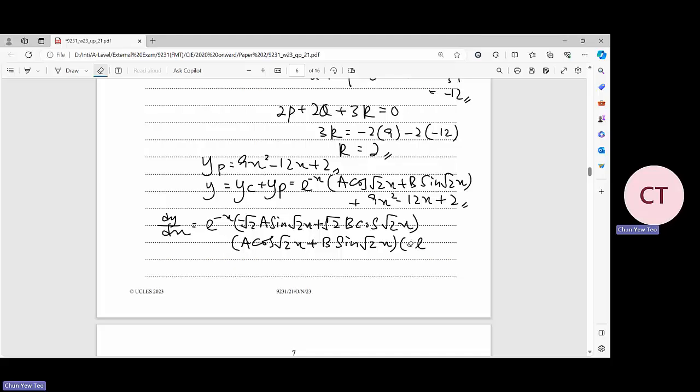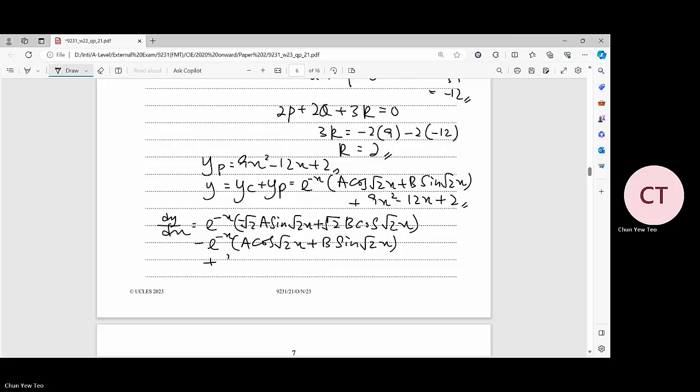Just write a negative e to the power of negative x over here, minus the e to the power of negative x. Then plus 9x squared minus 12x plus 2. If you differentiate it, you will get 18x minus 12.